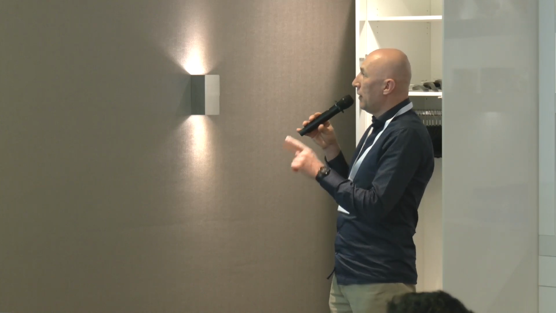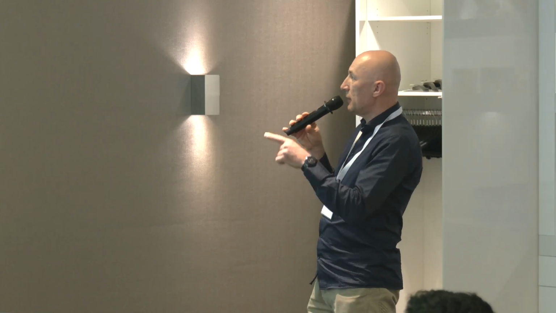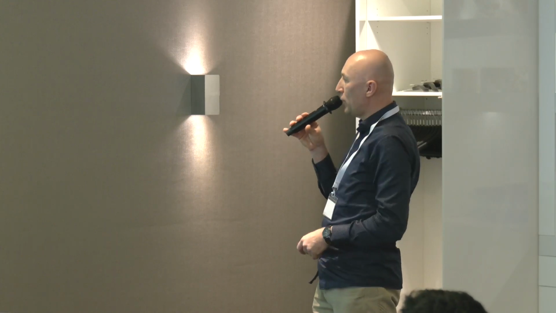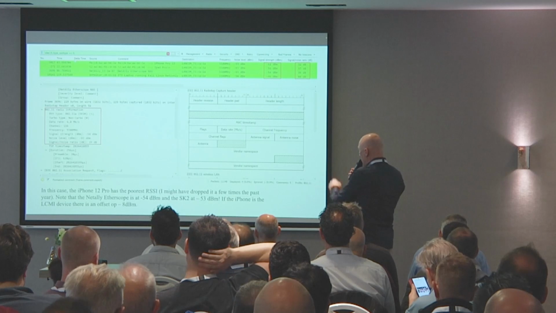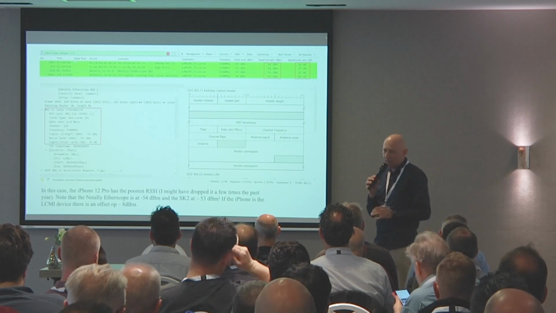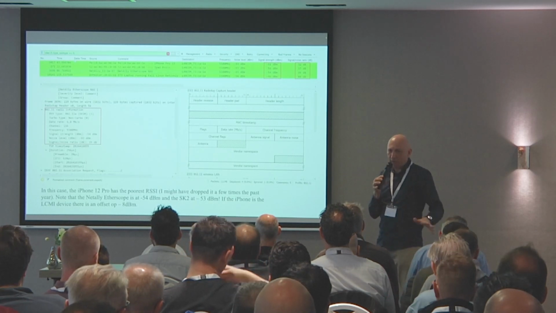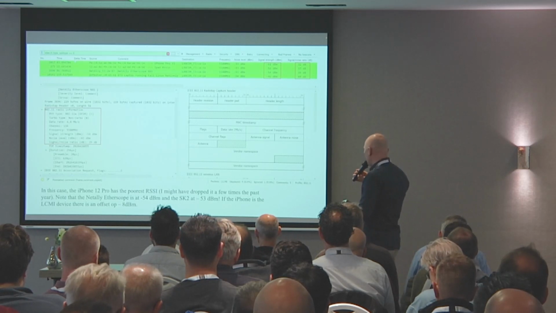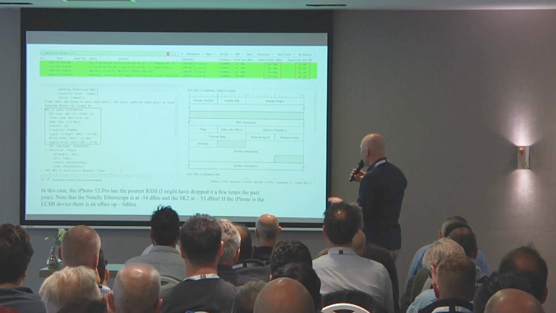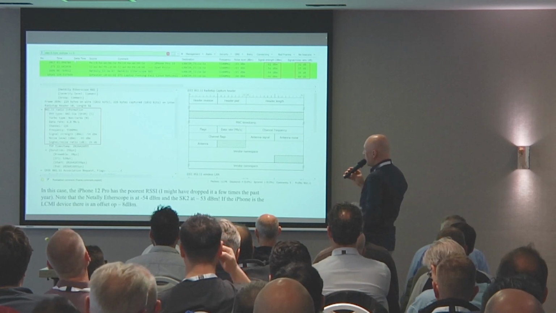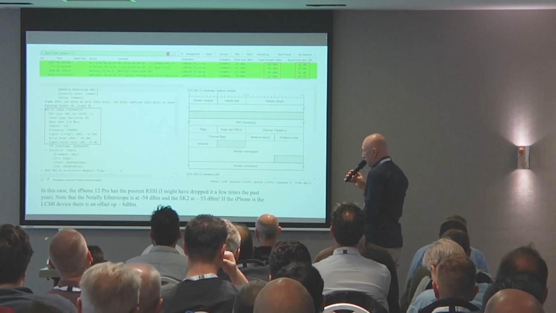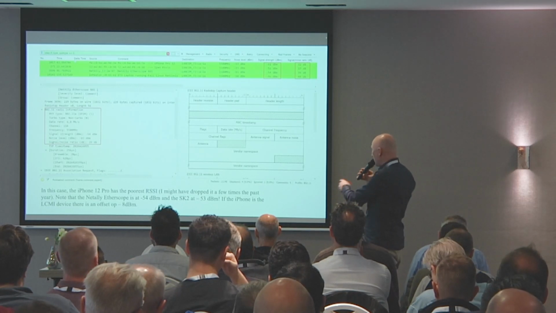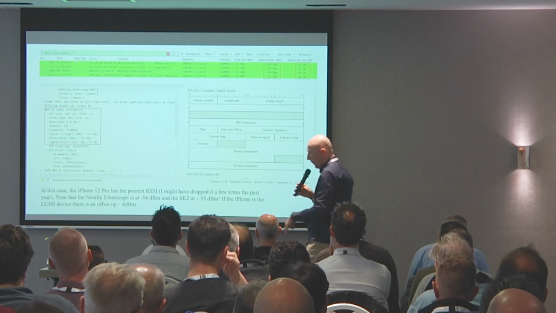Now what's interesting to see is that the WLAN Interscope is at negative 54, while the Sidekick 2 is at negative 53. So those numbers are okay. Always nice to know. So in this case, my iPhone is the least capable, most important client device, and there's an offset of 8 dB compared to my Sidekick.